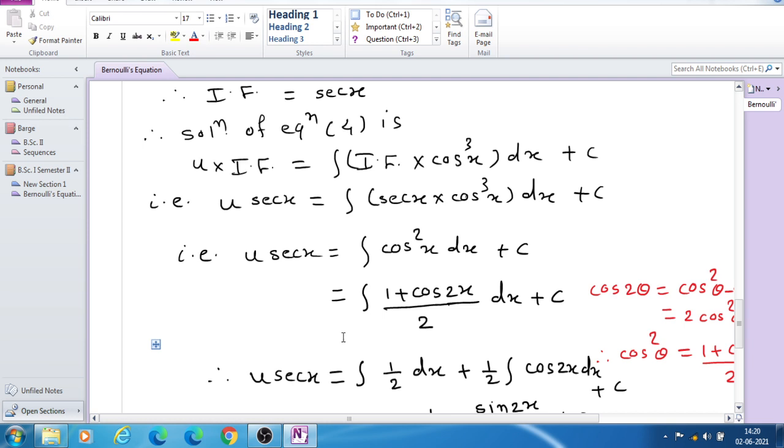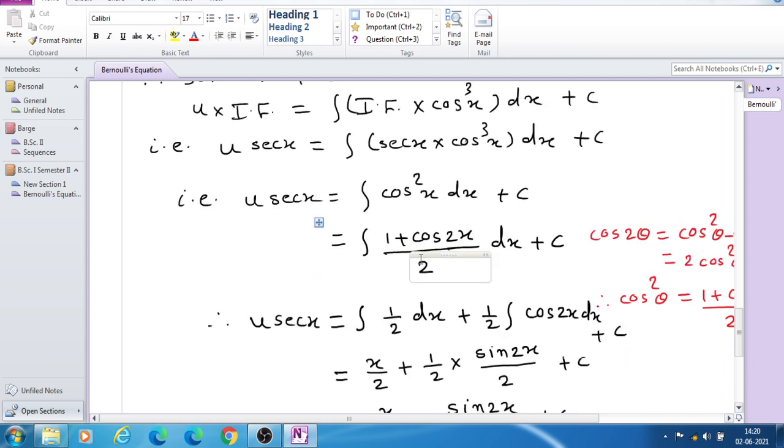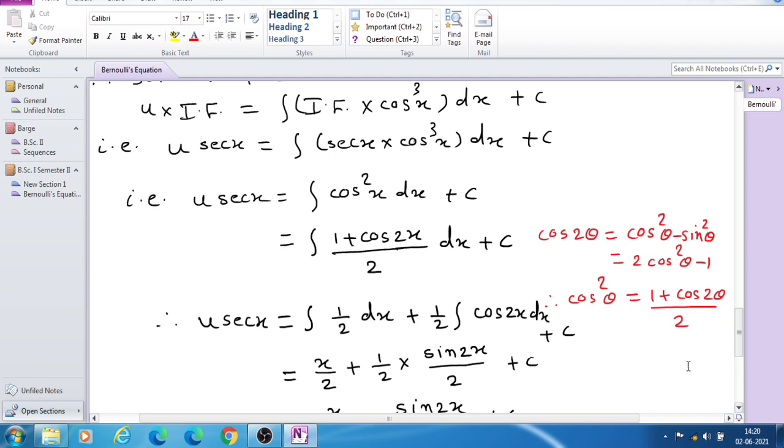Now to integrate this cos square x, we use formula for cos square x is equal to 1 plus cos 2x. You know this formula of trigonometry.